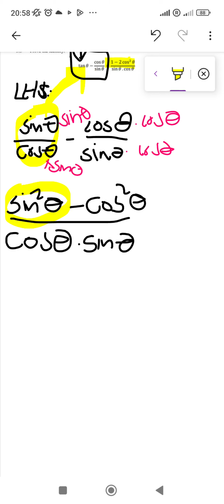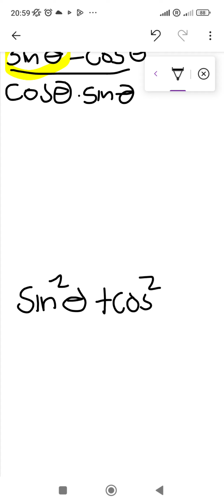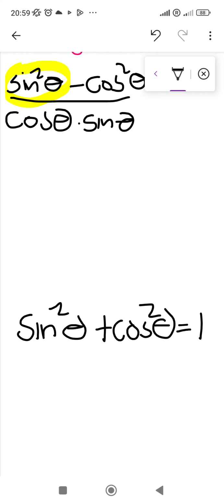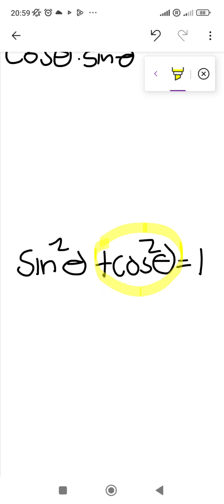Hopefully we remember our square identity, so let's write it somewhere at the bottom. Your square identity is sine squared theta plus cos squared theta equals 1. From this square identity we generate another two identities, by making either sine or cos the subject of the formula.